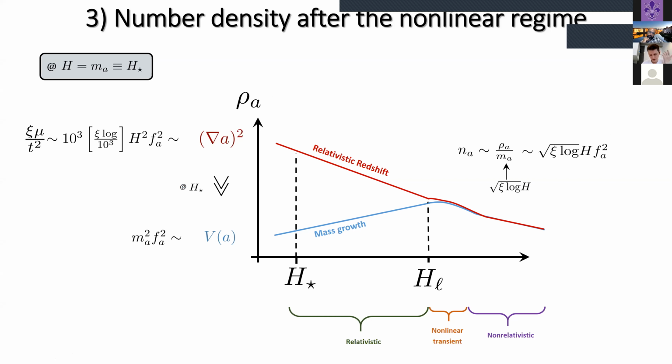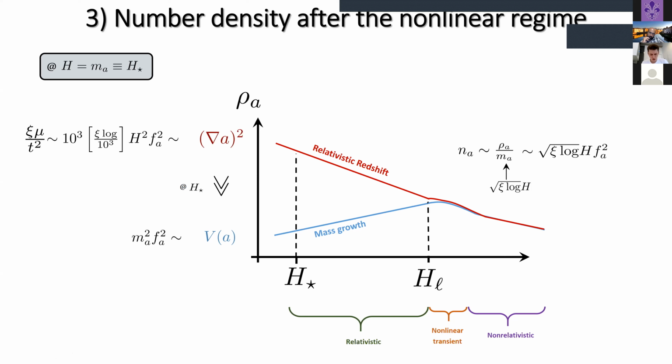So the final number density is larger than the misalignment by this factor, but is a bit smaller than the energy density at H star, which is enhanced by xi log. This is because this period of relativistic redshift diminishes the number density, since the field redshifts more, and because the axion mass has grown in the meantime, and therefore more energy is required to produce each axion.